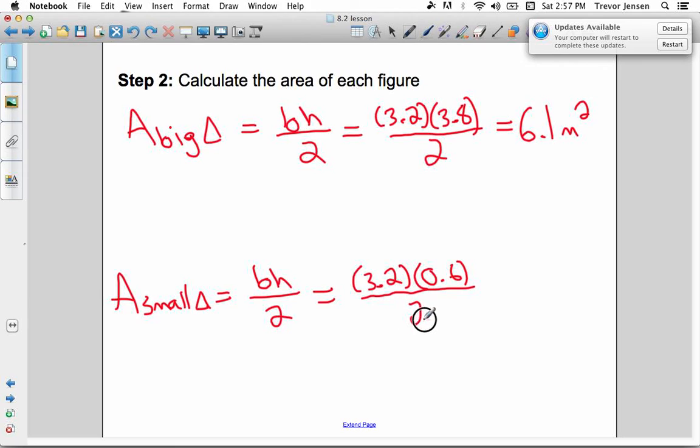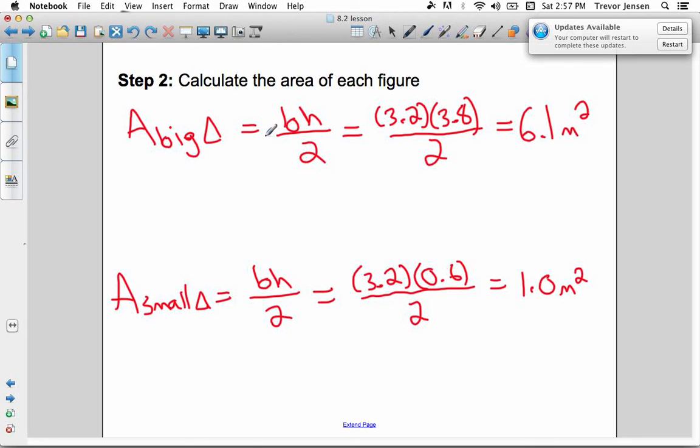And now I need to divide that by 2. And let's calculate that. 3.2 times 0.6 will give me 1.92. I need to divide that product by 2, and I get 0.96. I'll round that to 1.0 meters squared.